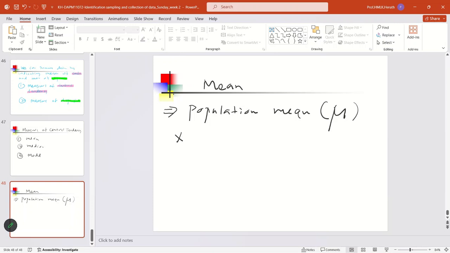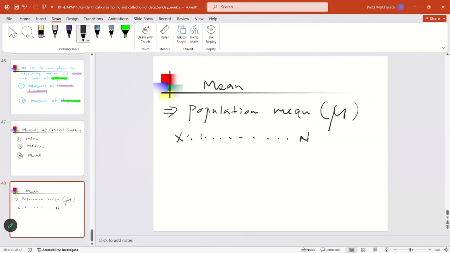Say we have taken data xi, where i ranges from 1, 2, 3 up to N. N is the population size.